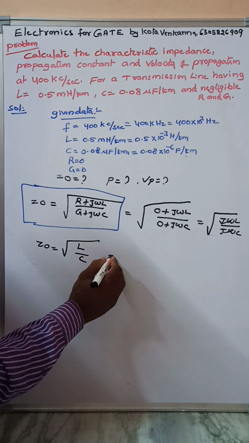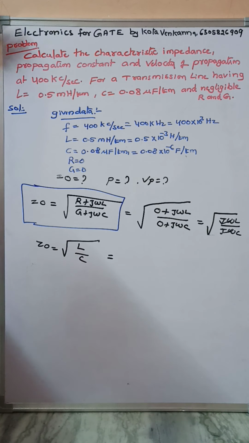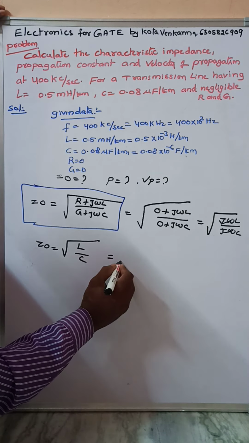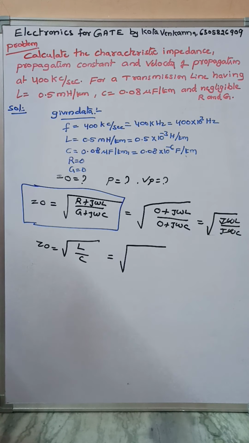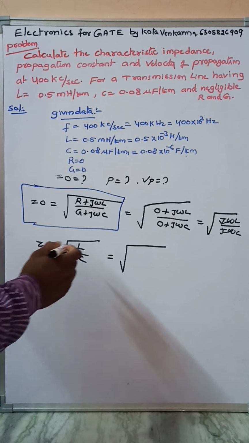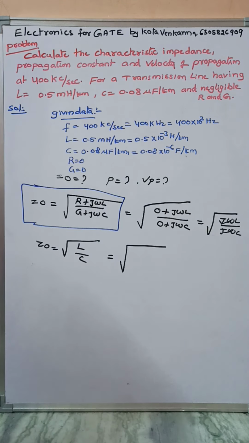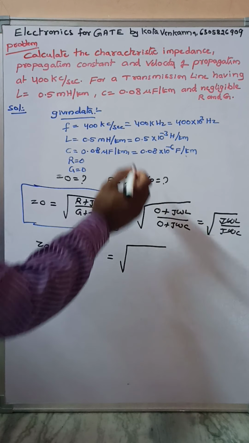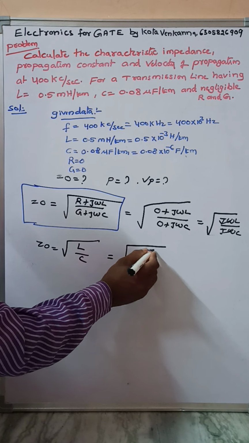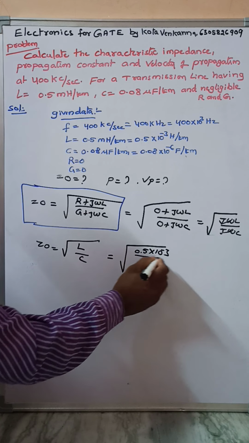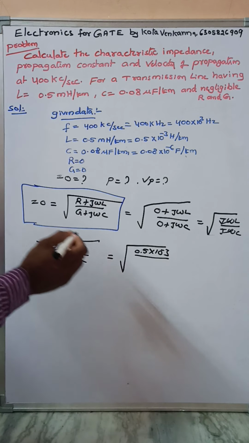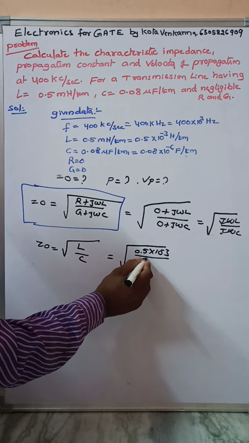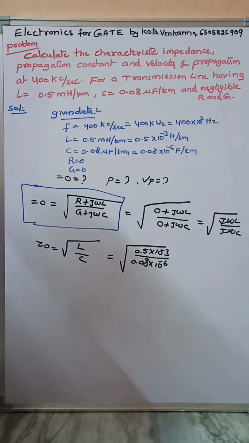So the characteristic impedance is equal to square root of 0.5 into 10 power minus 3 by 0.08 into 10 power minus 6.